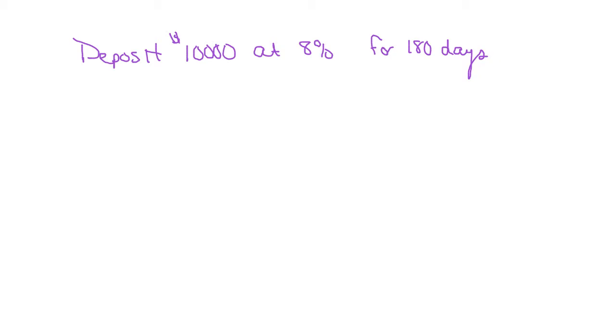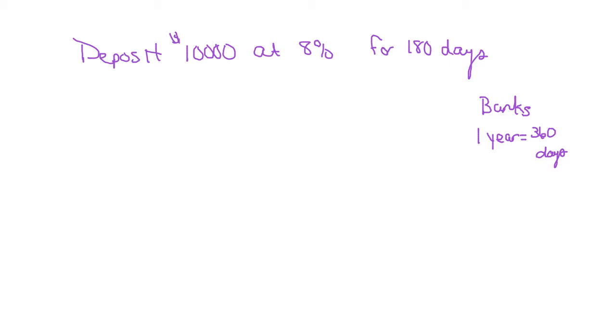Because years vary between 365 and 366 for a leap year, when we're talking about days, banks will say that a year is 360 days. Of course that benefits the bank, but that's one way to deal with the changing days of the year.